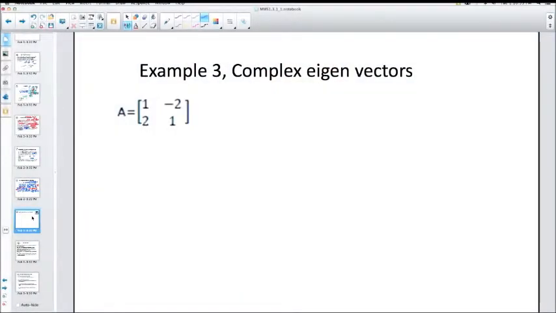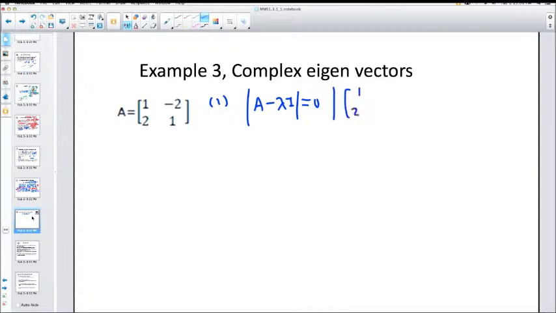Let's look at another one. Sometimes you're going to get complex eigenvectors and eigenvalues. For this example, we do step 1, A minus lambda I equals 0. What is A?